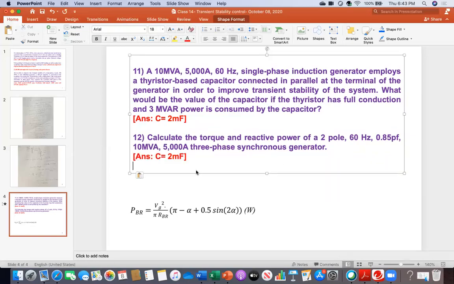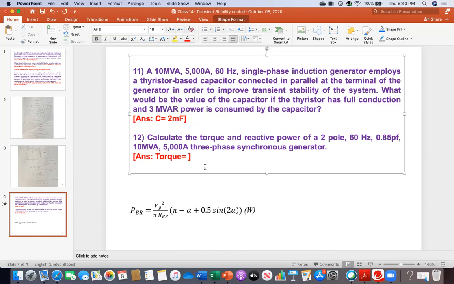And for the next problem, the torque value. Yes, Dr. Ali, 2 millifarad, I got it. Very good. Then you jump to number 12, the last problem for today. The torque and reactive power. I also got 2 millifarads. Very good.